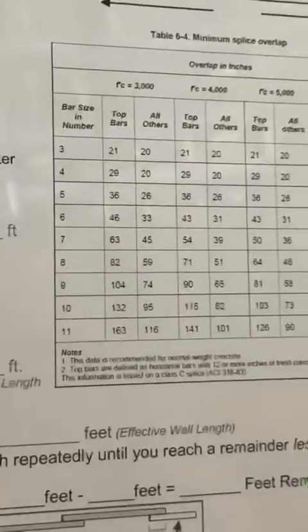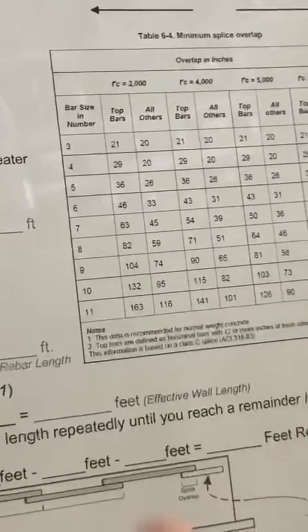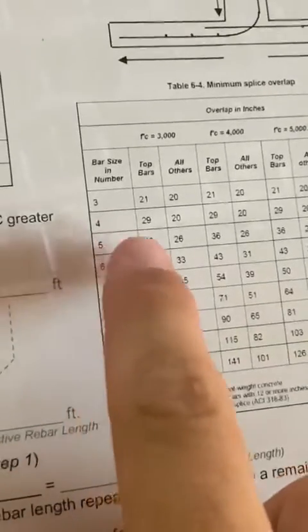For the horizontal, we're going to look up in the table. It's table 6-4 on page 162. That page number may not be right, but the table is right. We're going to look it up right there, and we're going to see that for a number 5 top bar, it's a 36-inch overlap.